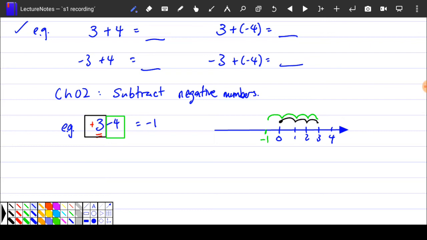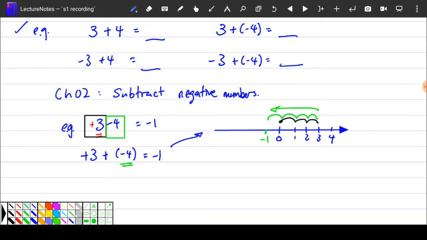Another way of writing it is actually writing plus 3 and then plus another negative 4. And then using the number line method, you will also get negative 1, right? Because minus 4 is actually negative 4, which is moving to the left of the number line.